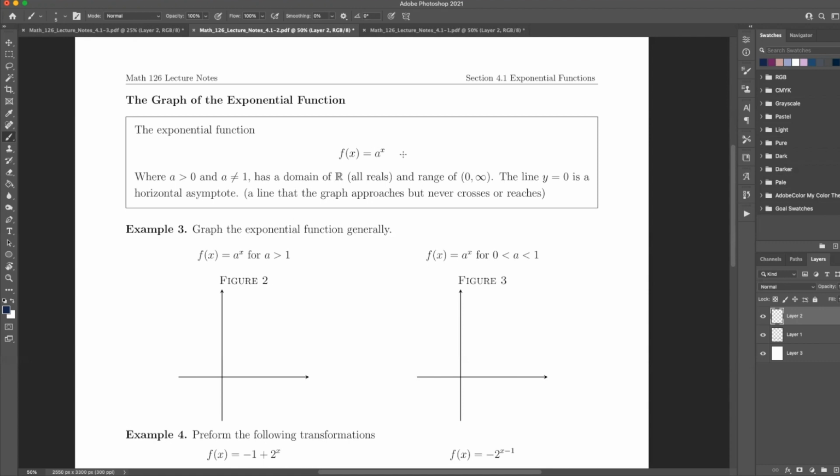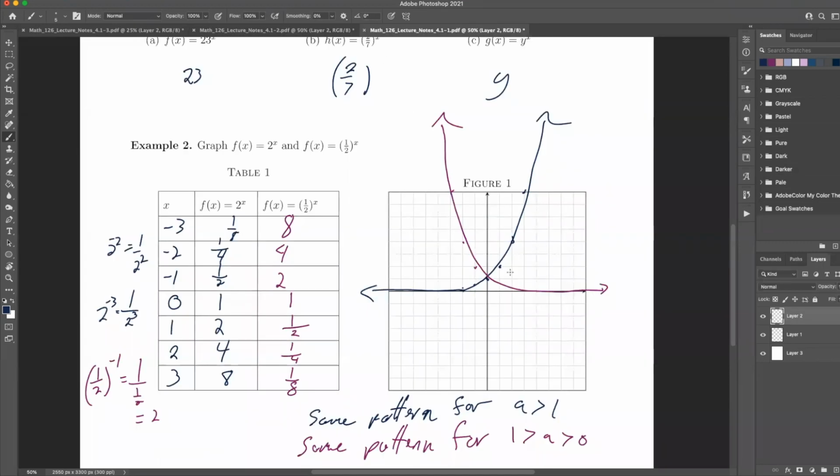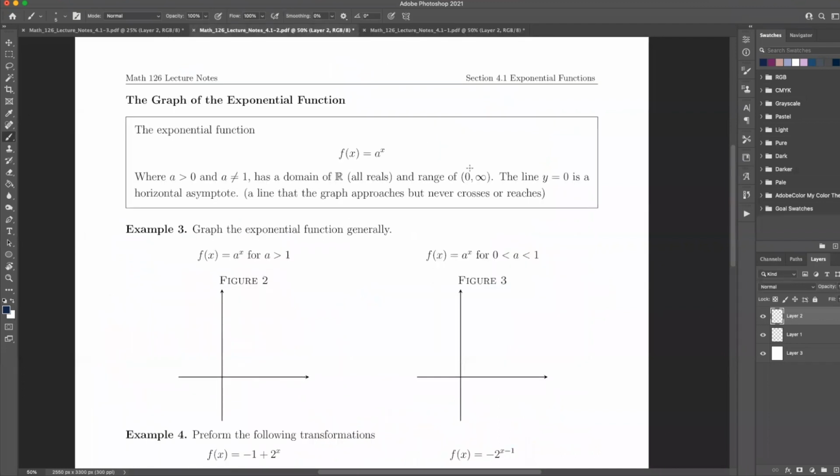If a is between 0 and 1, as we've seen, you just make x larger and larger, and that number will get smaller and smaller. This half gets smaller and smaller as you go forward. If a is greater than 1, you go to negative infinity, and as x gets really small, this number gets smaller and smaller. So you can get really close to 0.